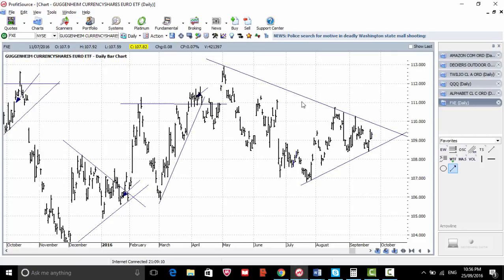You can see that we have another triangle pattern. The reason I've gone through this with you is to show you how I trade this type of pattern. I've shown you a couple of examples, and now the euro is in this exact same pattern right now.